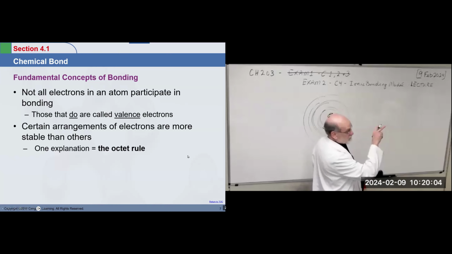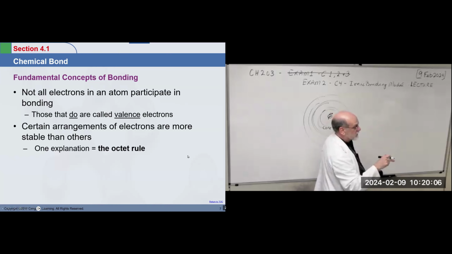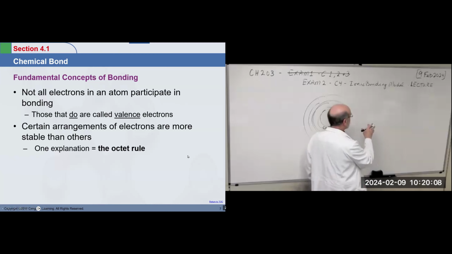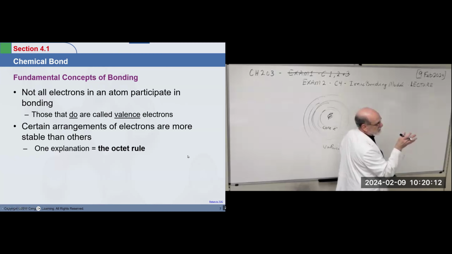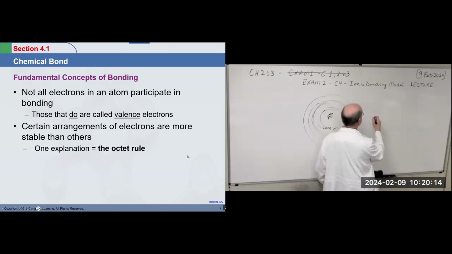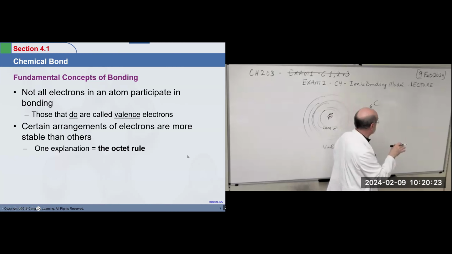So in the second and third period, what we've got is, for instance, let's take carbon in the second period. Carbon has 6 protons and 6 electrons.